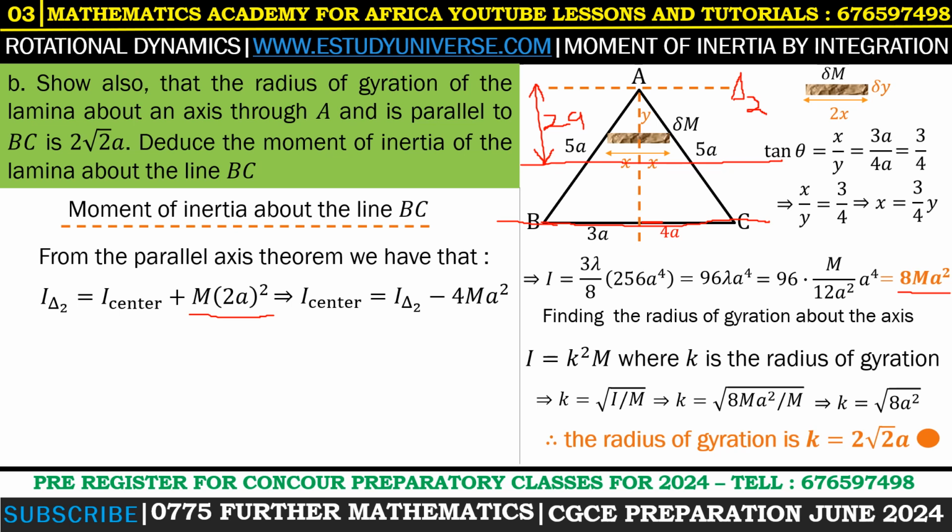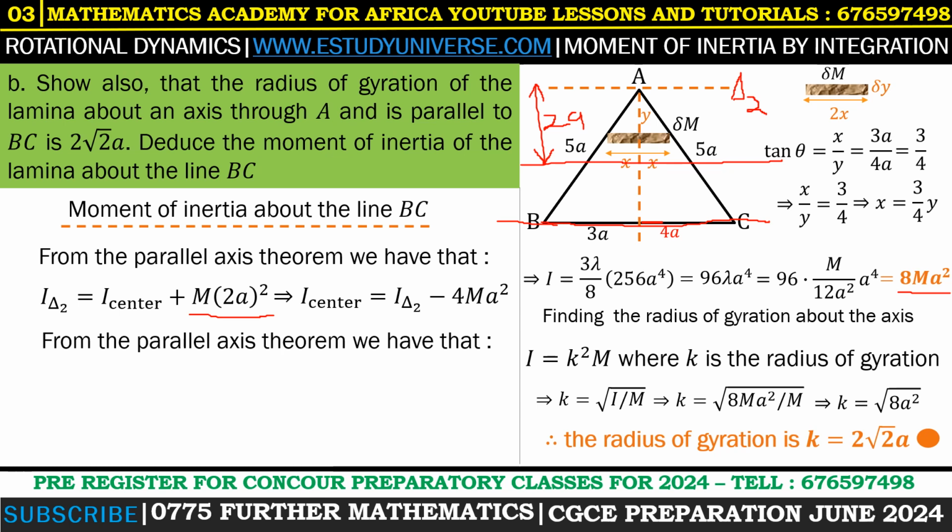But we actually need to find the moment of inertia about the axis through BC. So we still need to use the parallel axis theorem. The essence of finding the moment of inertia of the whole system about an axis passing through the center is that, to find the moment of inertia about the axis passing through BC, we need to use the parallel axis theorem, and to use it we must get the moment of inertia about the axis passing through the center.